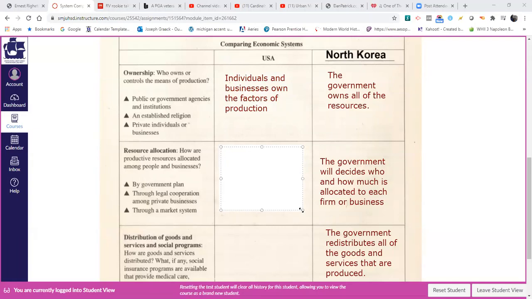In a market system, who makes the decisions? Once again, it's going to be who? Us. Okay. Yep. Individuals and firms will decide how to use the resources that they have, or that they own.